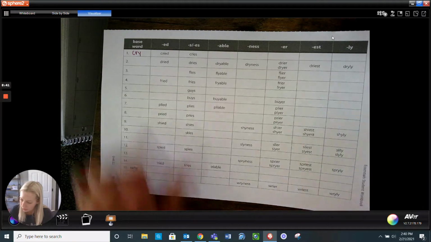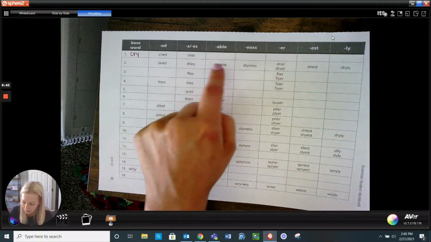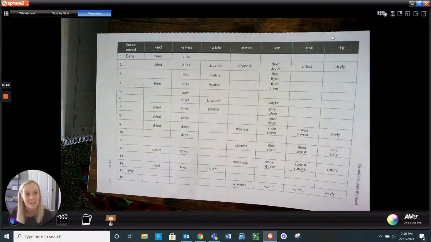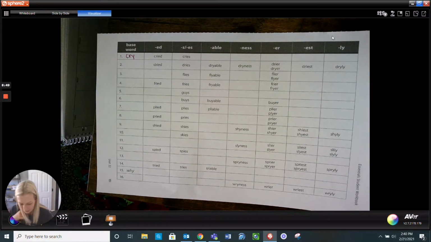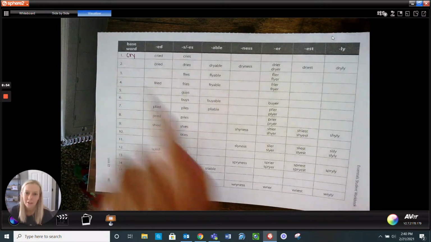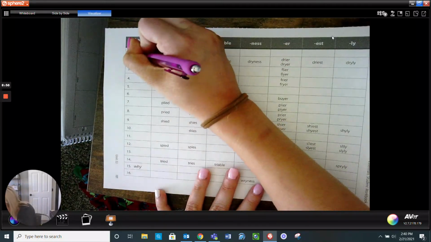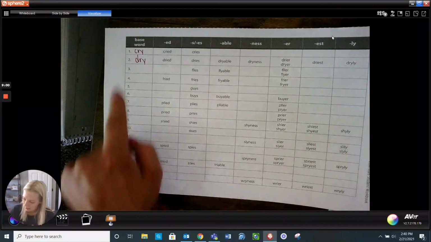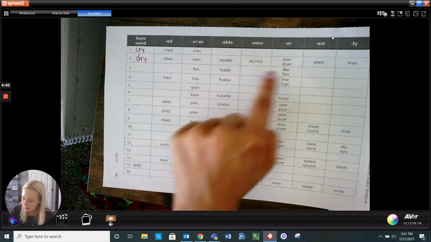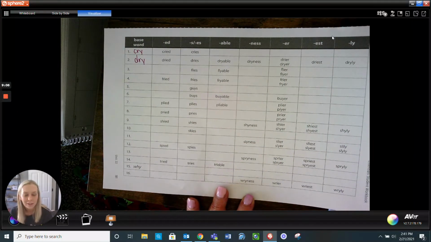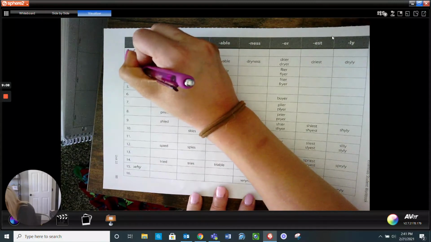Number 2, dried, dries, dryable, dryness, dryer, driest, and dryly. What is the base word? Dry. Very good. D-R-Y. Next, flies, flyable, and flyer. What's the base word? Fly.